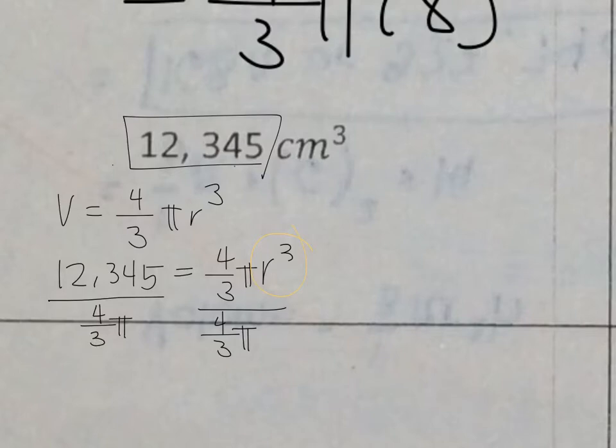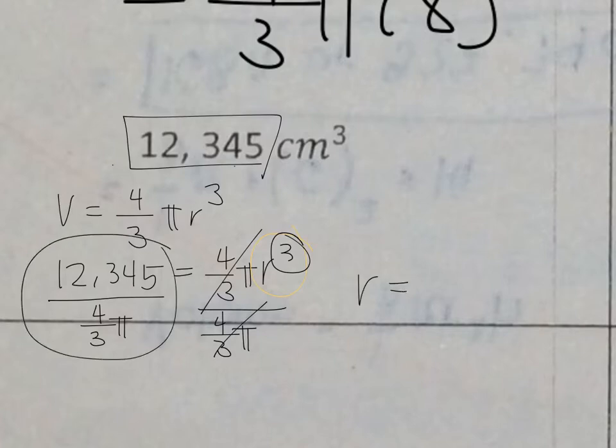Once you have canceled 4/3 pi, the next thing to do is to take away the cube. And we can do that if we take the cube root of the other side. So cube root of 12,345 divided by 4/3 pi.